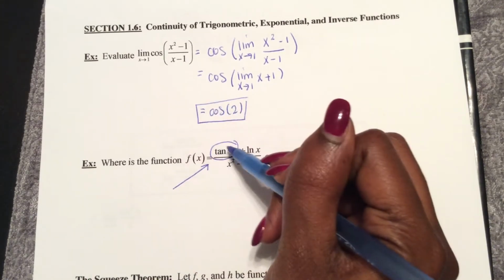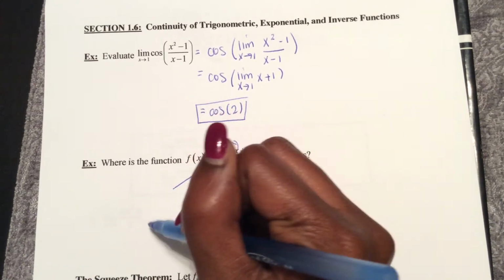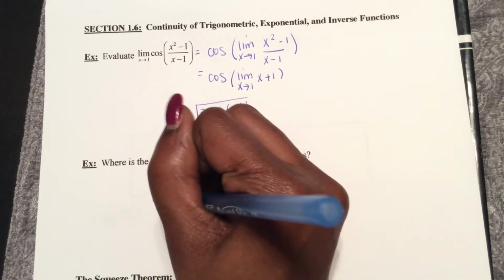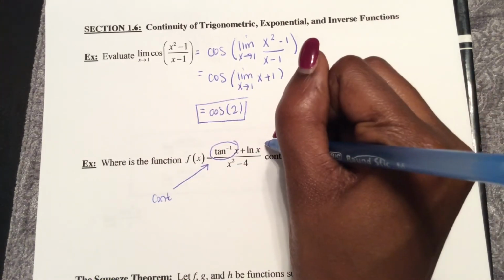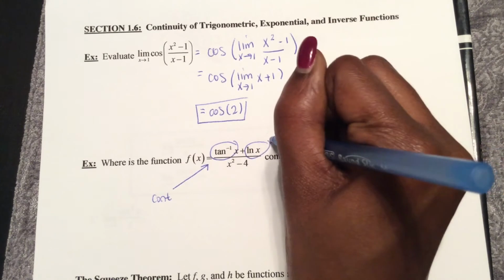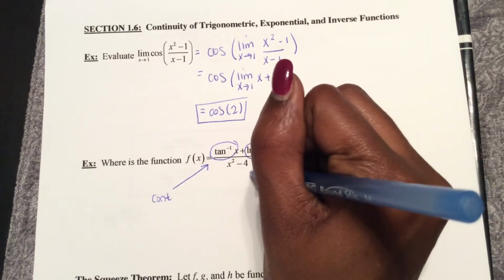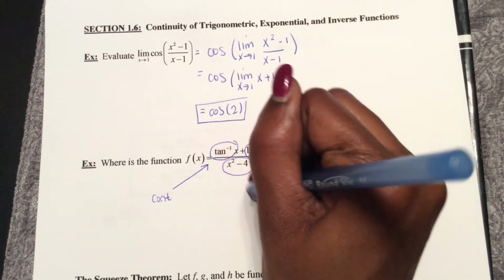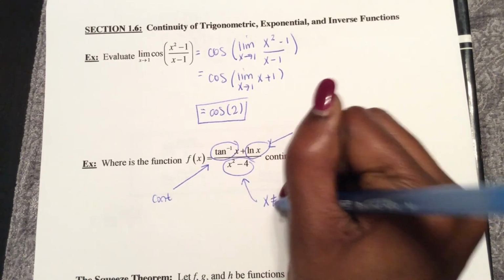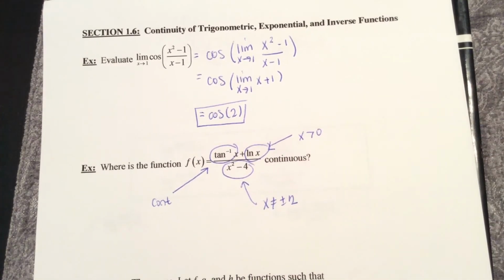If we think about the graph, it's continuous everywhere. So this is always continuous. ln x is continuous for x greater than 0. And for my denominator, I know x cannot equal positive or negative 2.